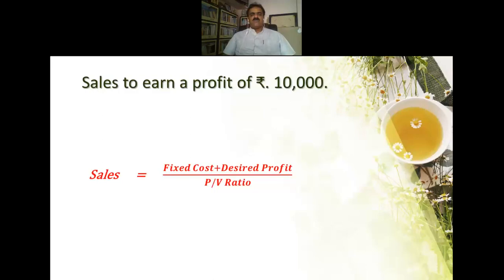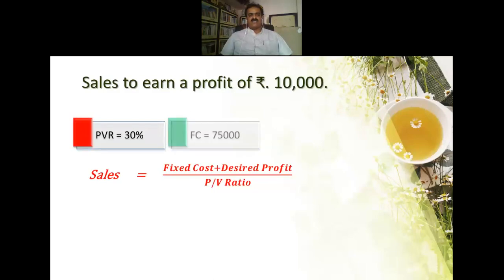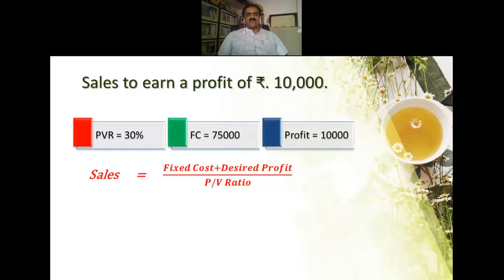For this, you know the value of fixed cost, you know the value of PV ratio, and your required profit is 10,000. With the help of this, you can calculate the amount of sales.